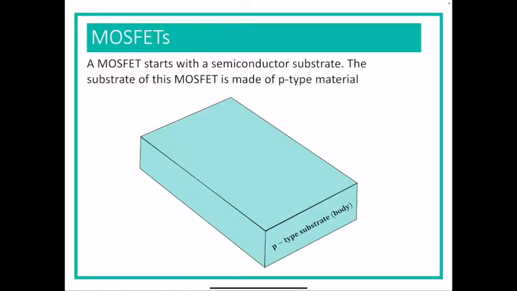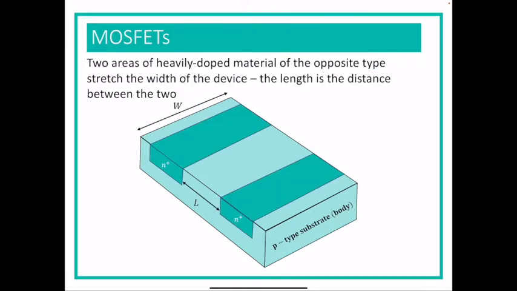When we make a MOSFET, we have some kind of substrate, and we're going to talk about the P-type material substrate. It could be N-type, but we're going to start out with P-type. And then there are two areas of heavily doped N-type material, and there's going to be some kind of distance between them.